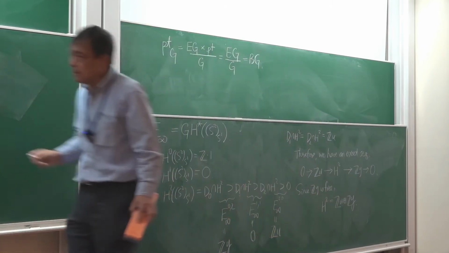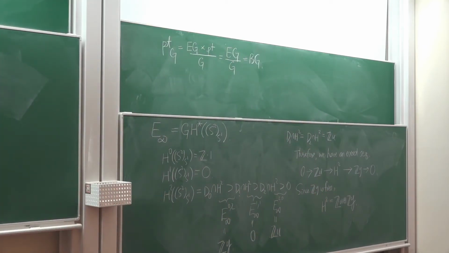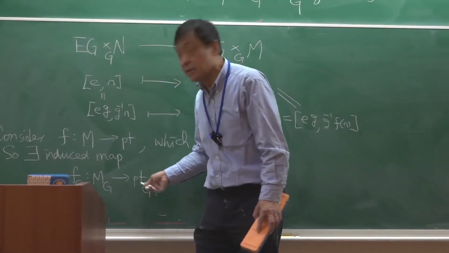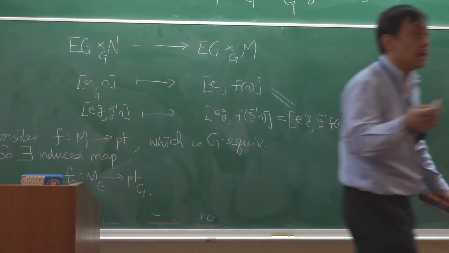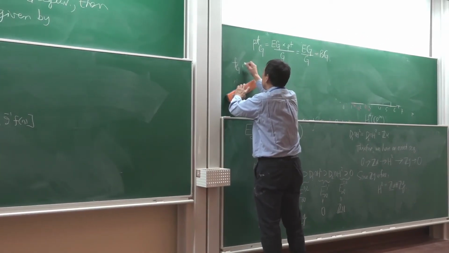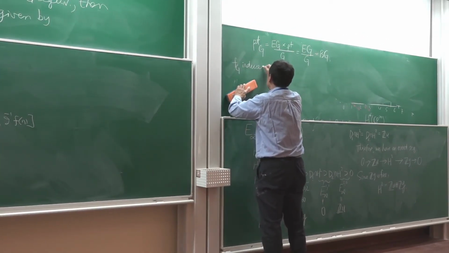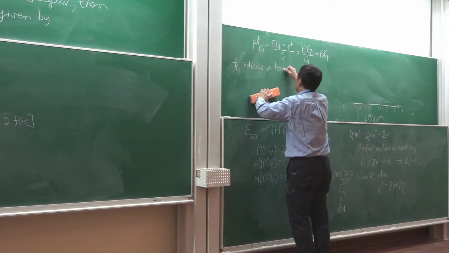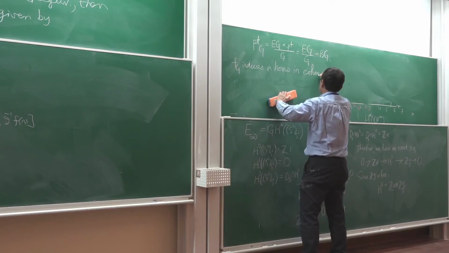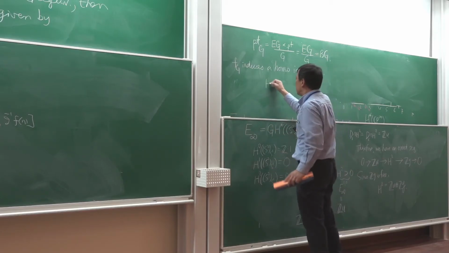So you have a map from M_G to BG, and there is an induced map in cohomology. F_G induces a homomorphism in cohomology going in the opposite direction.